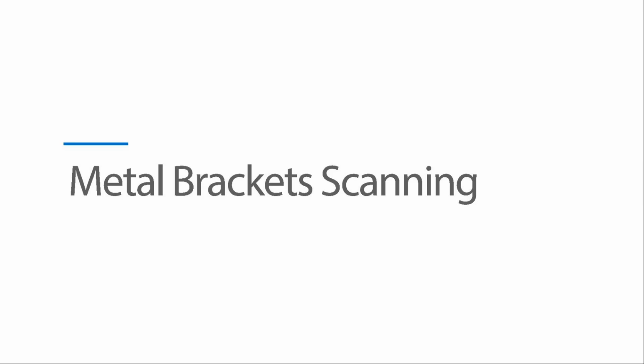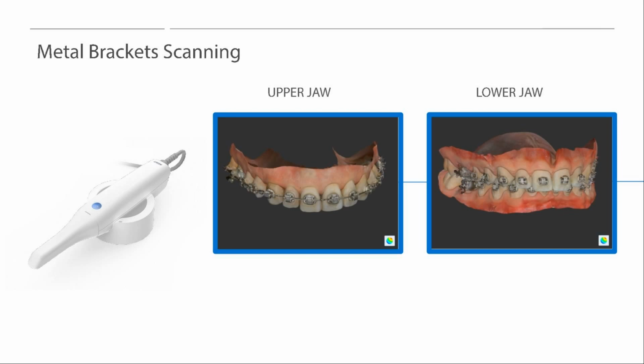So now we talk about the metal bracket scanning. The metal bracket scanning can be performed really easily and without spray at all. You rotate the scanner from multiple sides as much as you can without any issue, and you try to capture the data from multiple sides.